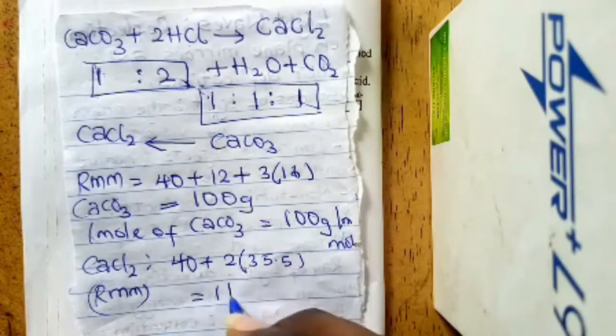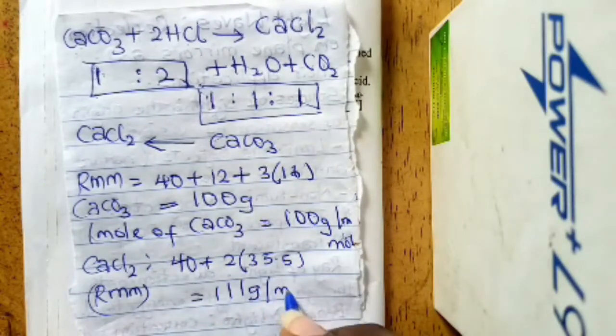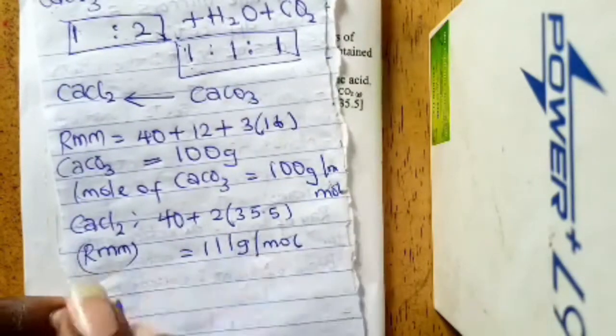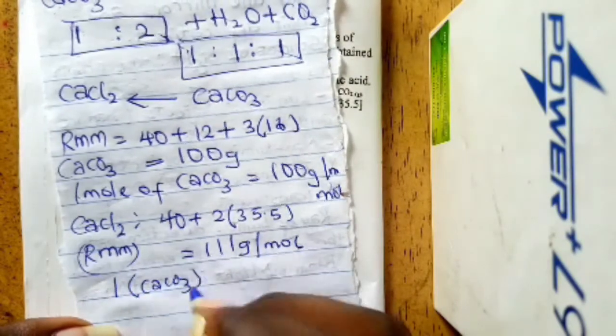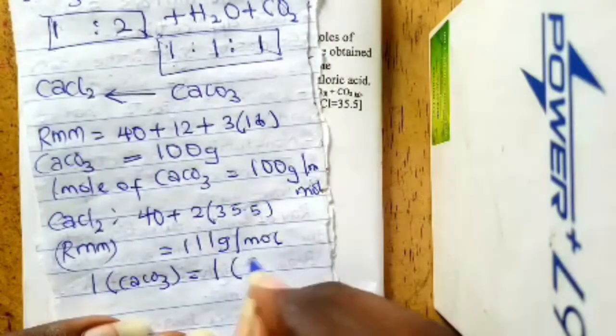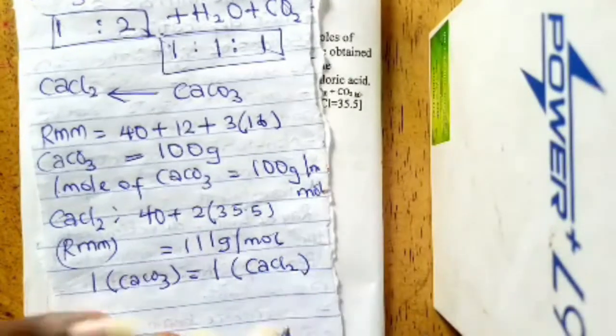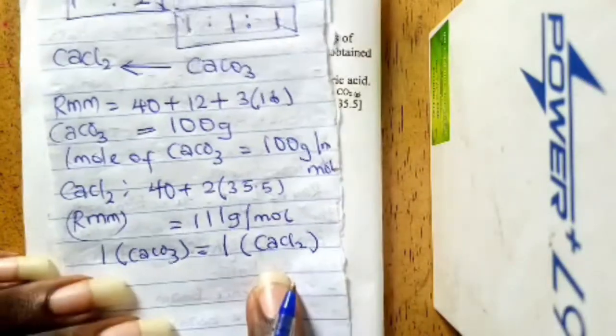This gives us 111 gram per mole. So what this implies is that 1 mole of limestone gave us 1 mole of calcium chloride.